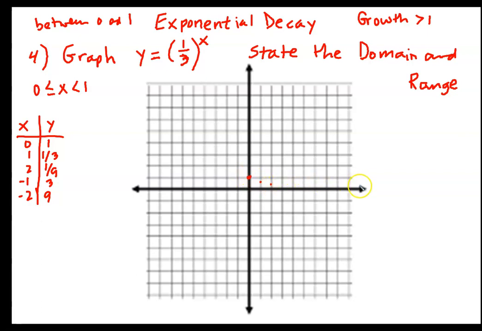I'm going to be approaching the x-axis this time on this side of the y-axis toward positive infinity on the x. And then as the numbers get smaller for x, like -1, output 3, -2, I think that's up here at the top, output 9.